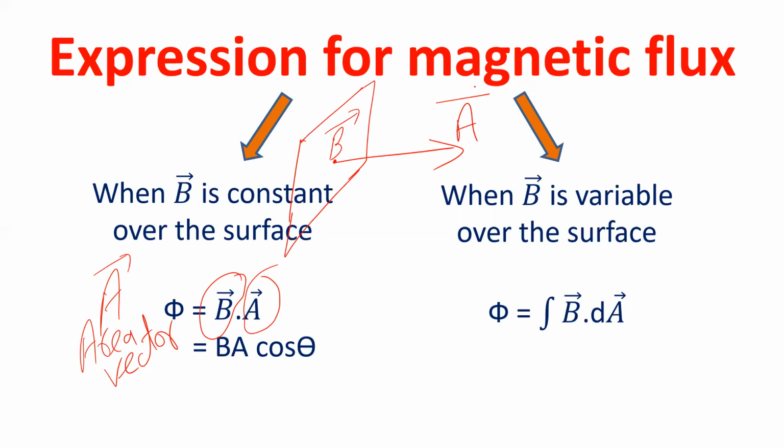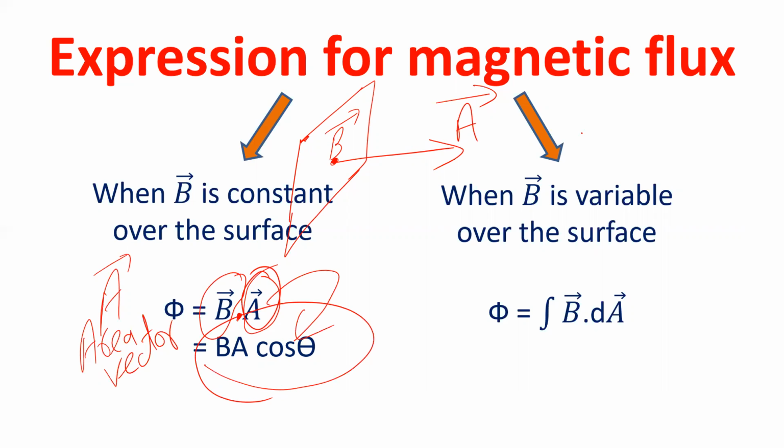So what is the area vector? Its magnitude is the area of the surface and its direction is perpendicular to the surface. So we are dotting B with the area vector. To expand it, we can write it as B A cos theta.